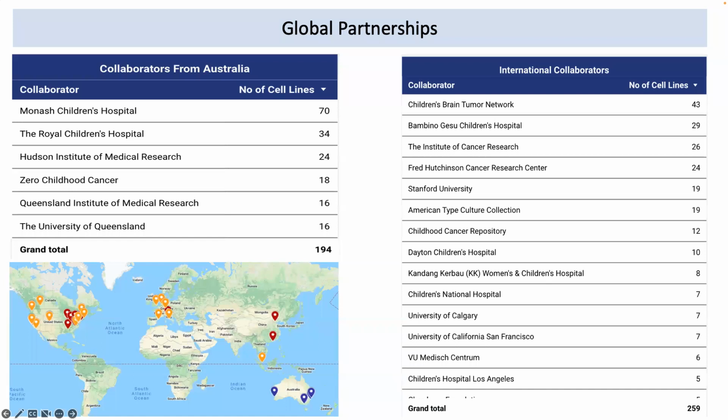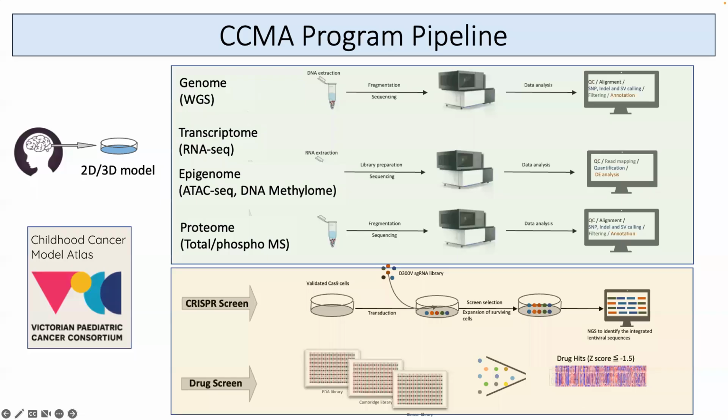Together with CBTN and many other partners, we've now collected and processed over 450 pediatric models. It's important to note that the vast majority of these are actually from CNS tumors.